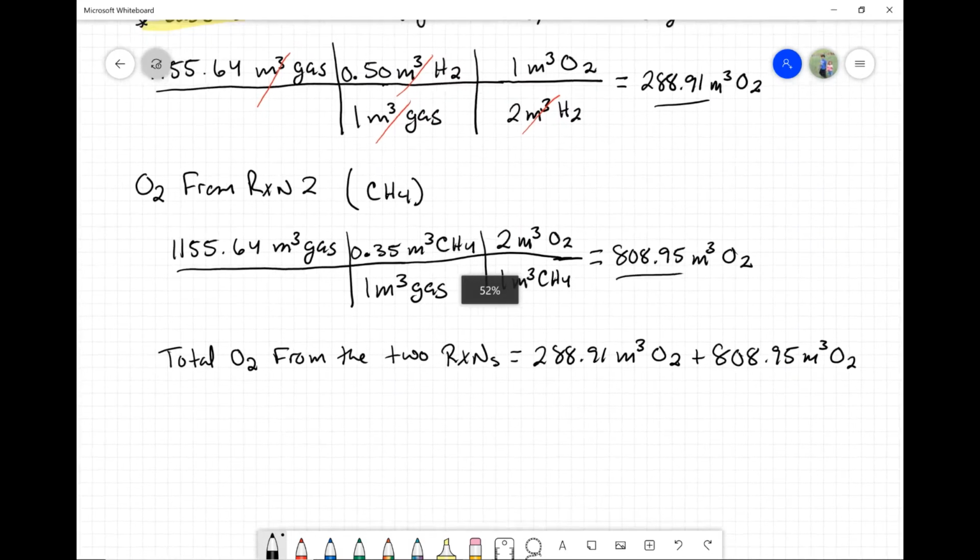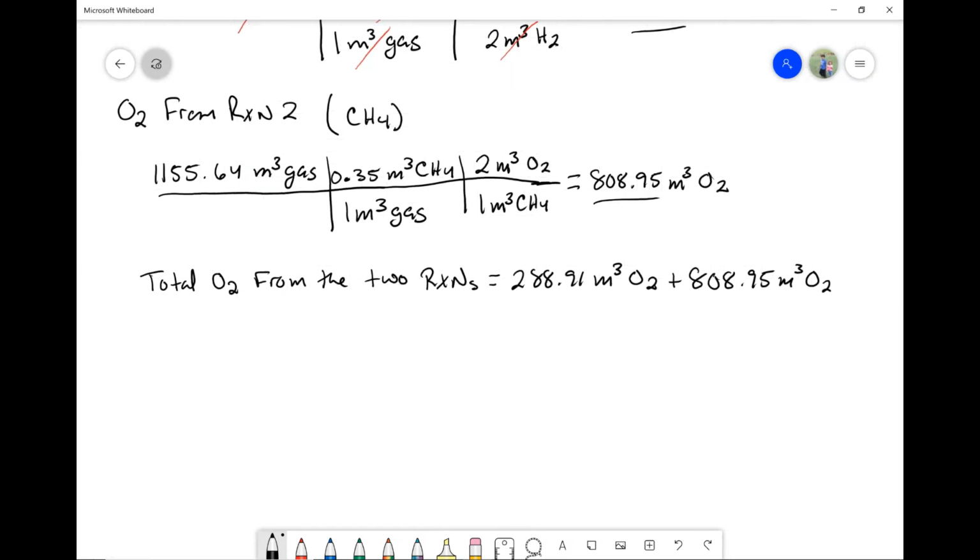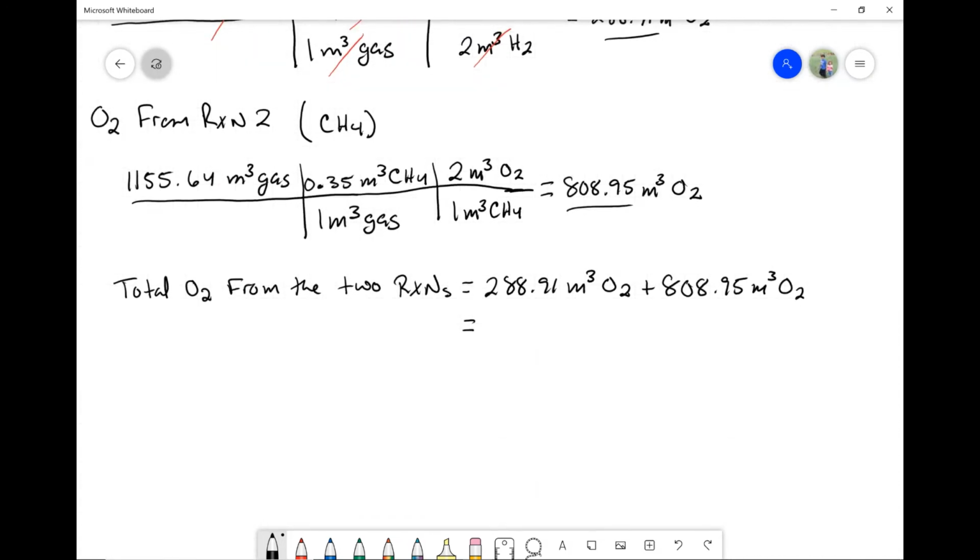I'm just going to write it down below. 288.91 plus 808.95 is 1097.86 cubic meters of O2.